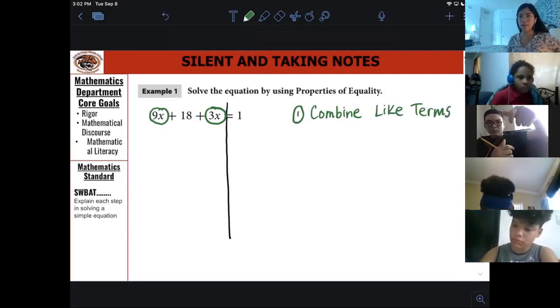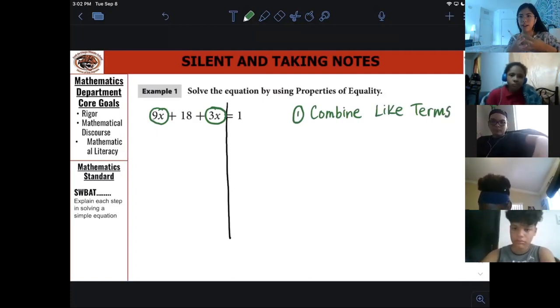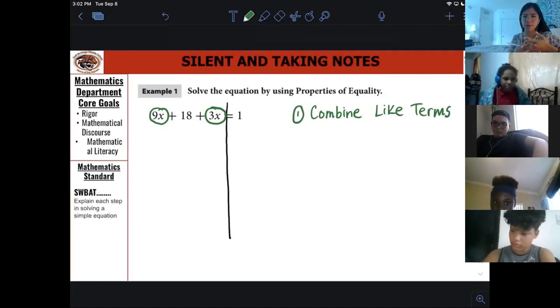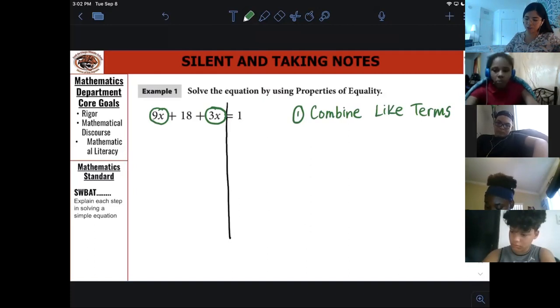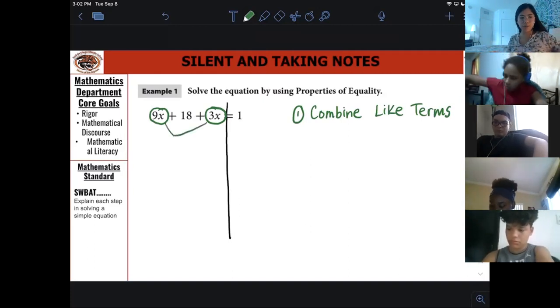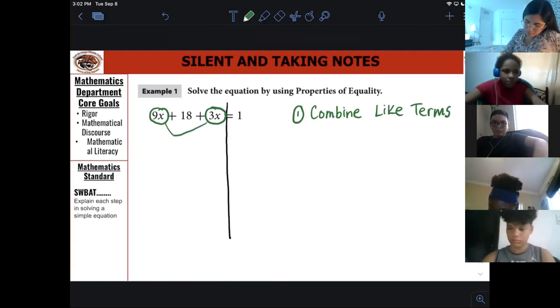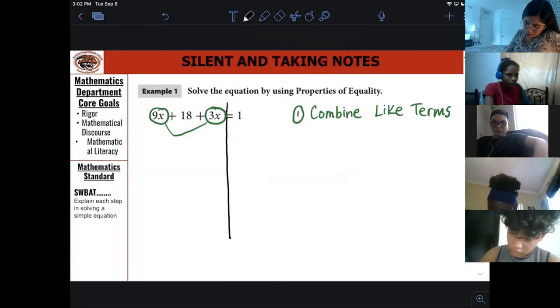So combining like terms basically just means you're putting things together that belong together. So in this case, I have a 9x over there and I got a 3x over here. I'm going to put them together because they match. They have the same exact variable. So since these two match, I can add them. So I'm just doing 9 plus 3. 9 plus 3 gives me 12.